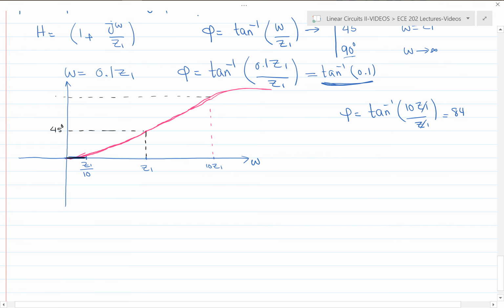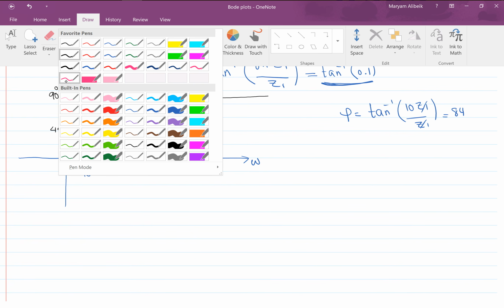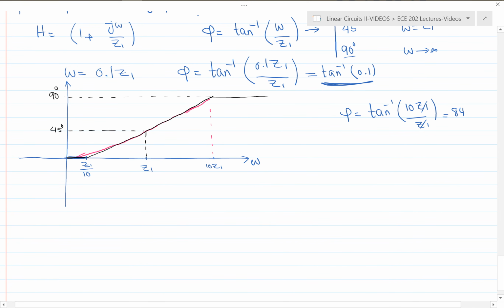We say that it is going to 90, for larger omegas. So that's why the plot that we are looking for in this class is equal to this. And basically, this pink one should be here. It is 84, right? It is less than 90, so it is something like this.